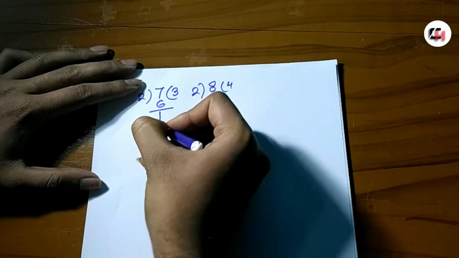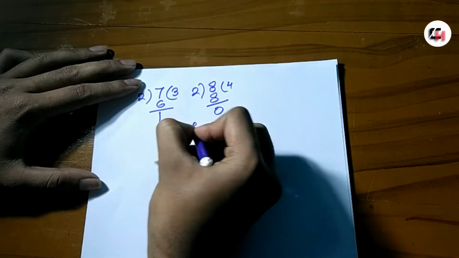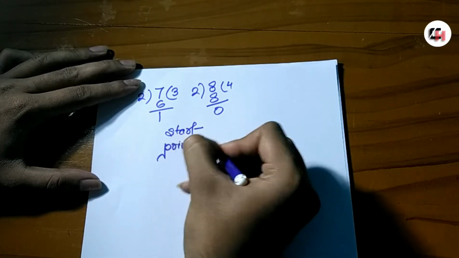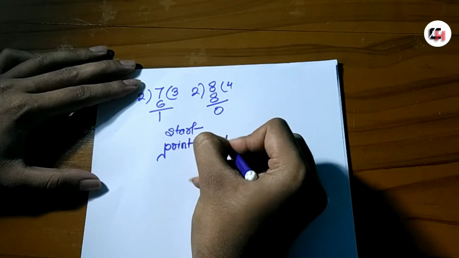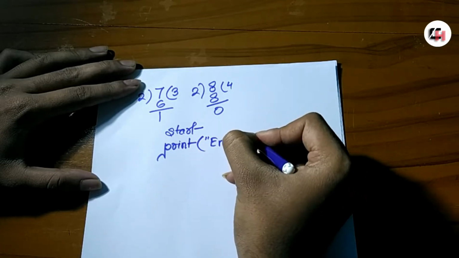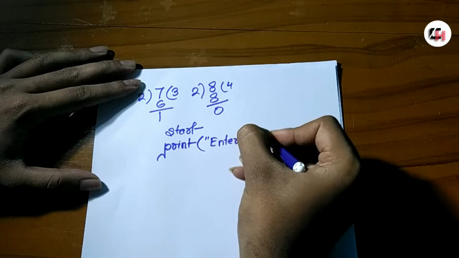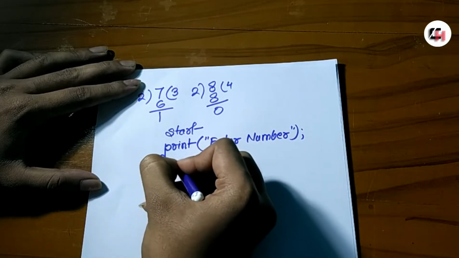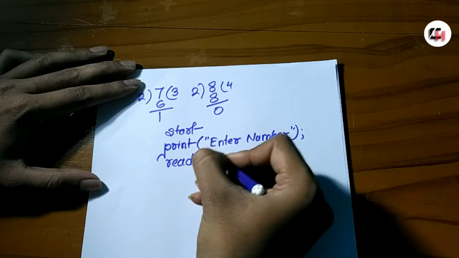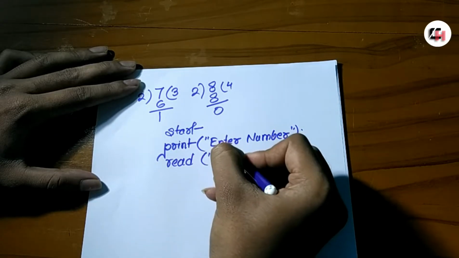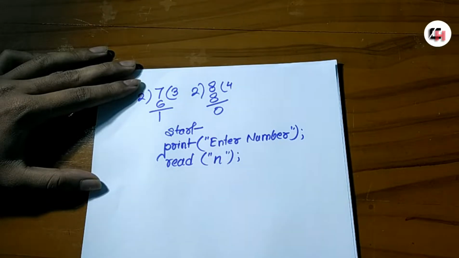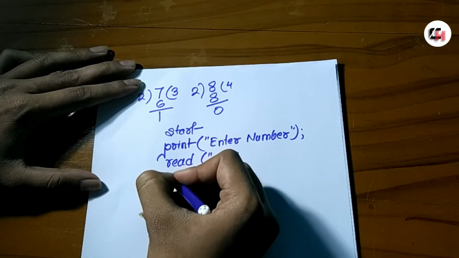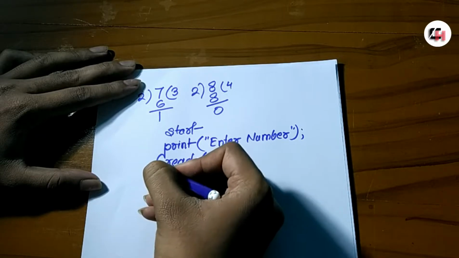First of all, we will start our program. Then we will take an integer from the user. Then we will read that integer and store it in a variable n. Then we will apply the logic to check if it is prime or not.